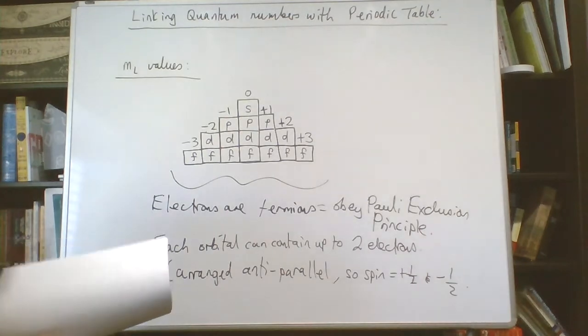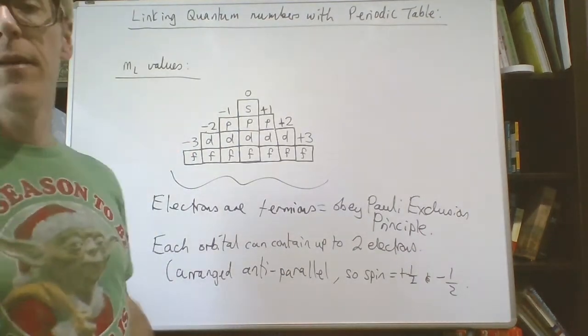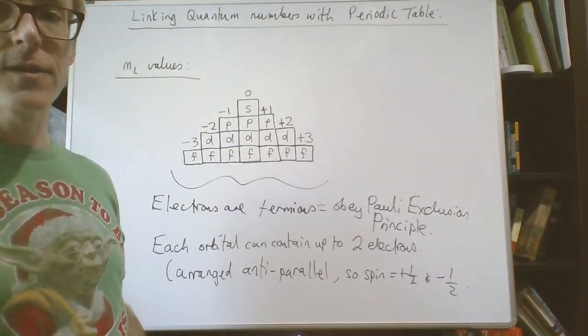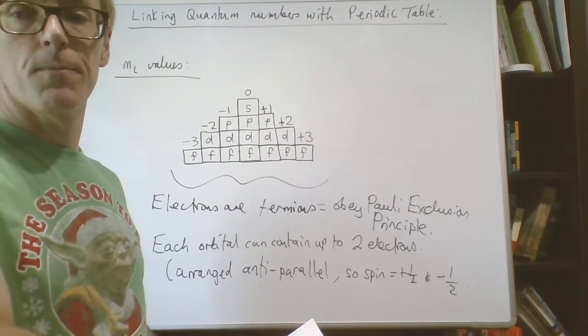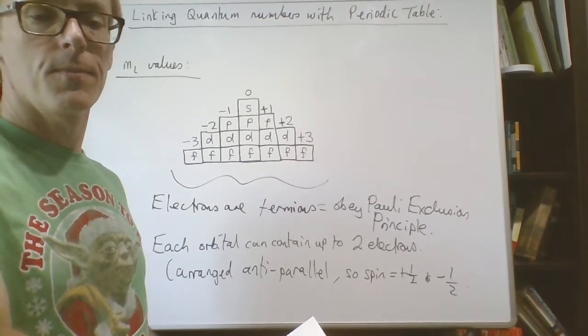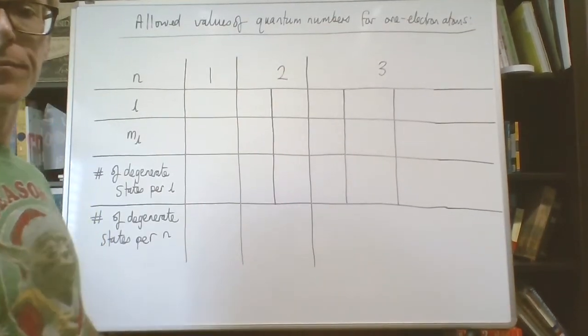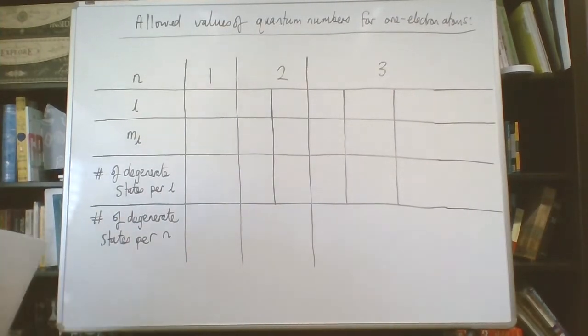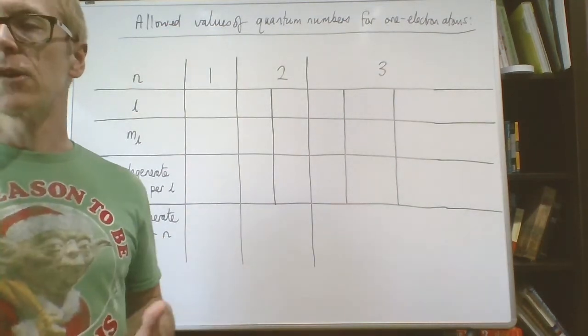Okay, so next we're going to write a summary down of what we've seen so far with quantum numbers. Okay, so this slide, we're going to summarize the allowed values of quantum numbers for a 1 electron atom. Why a 1 electron atom?